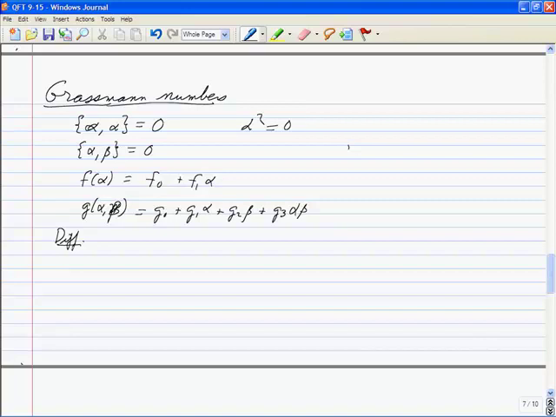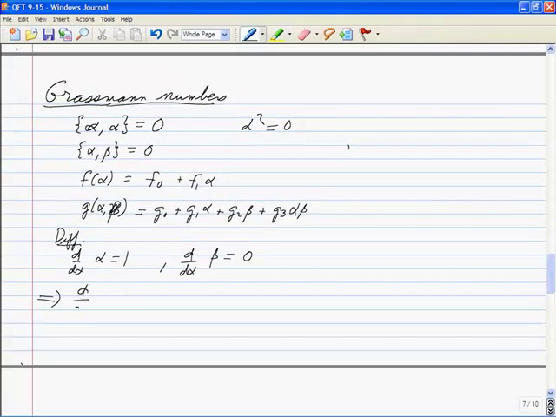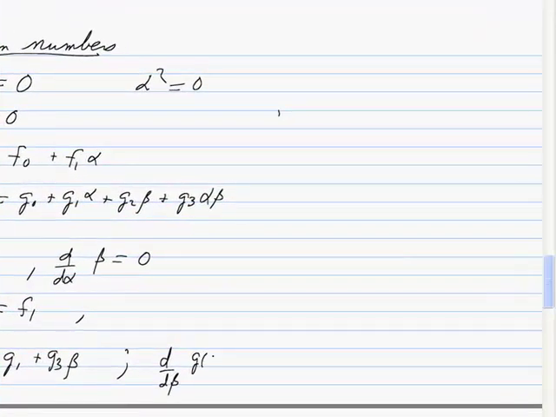Differentiation is treated as before. d by d alpha of alpha is 1. d by d alpha of beta is 0, etc. So this implies that d by d alpha of f of alpha is f1. f1 is just a normal number. d by d alpha of g of alpha beta is going to be g1 plus g3 beta, but d by d beta of g of alpha beta is g2, which is the obvious one, minus g3 alpha.